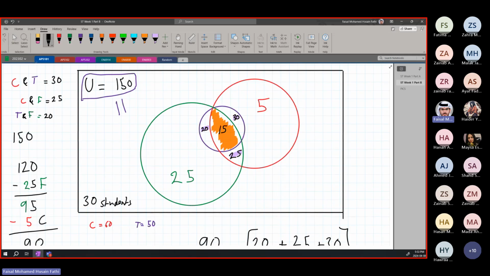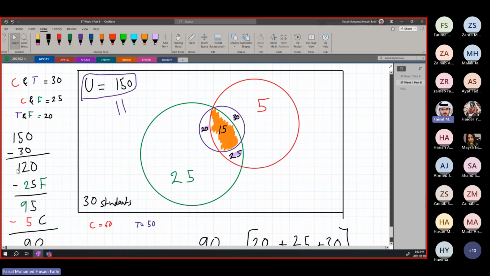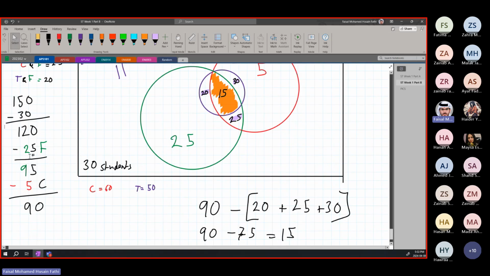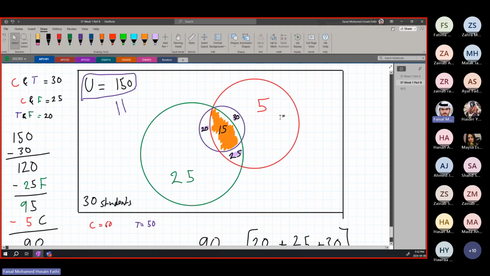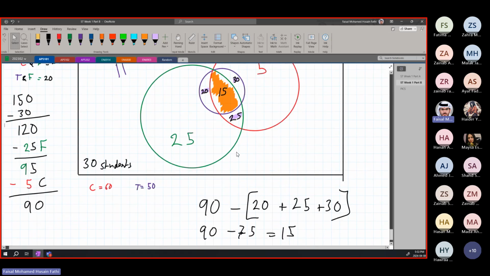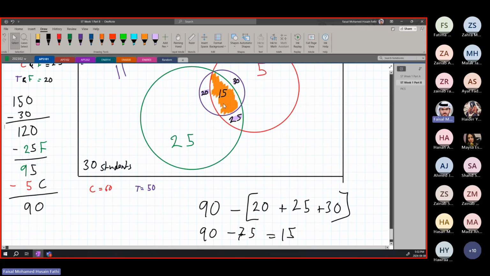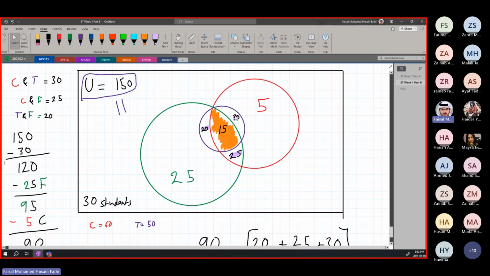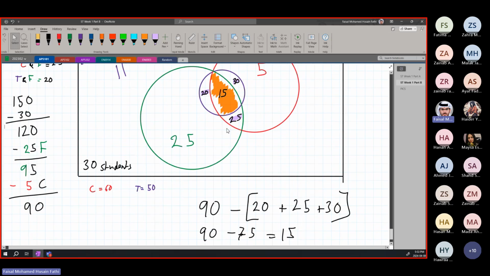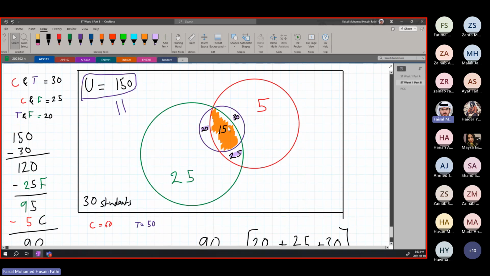So we did 150 minus the 30 students that don't want any sports, minus 25 that are only playing football, minus 5 that only like cricket, and then minus 20 that like both cricket and football and tennis, minus 30 that like tennis and cricket, minus 25 that like cricket and football, and that will give us the remaining who like all 3 together.